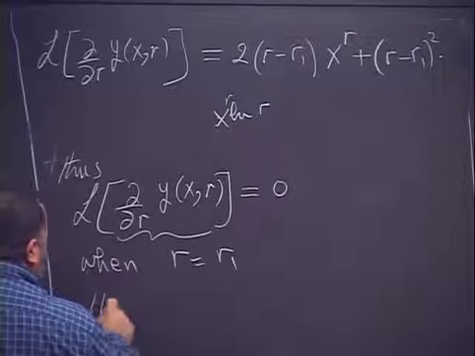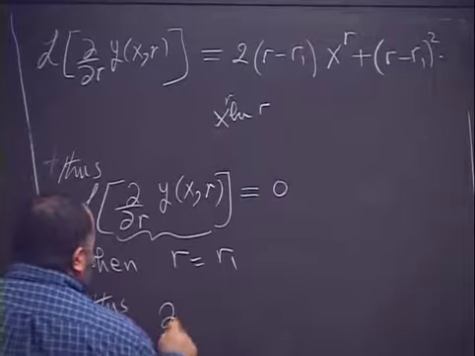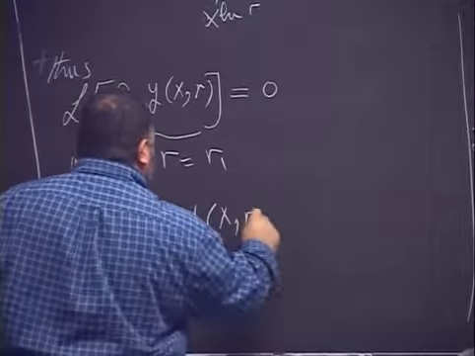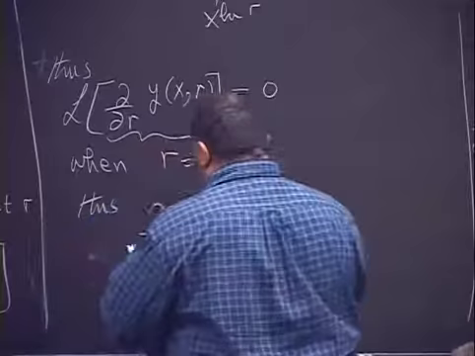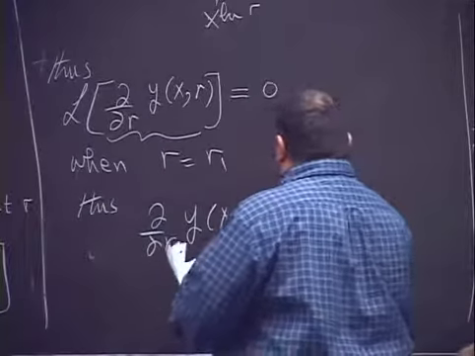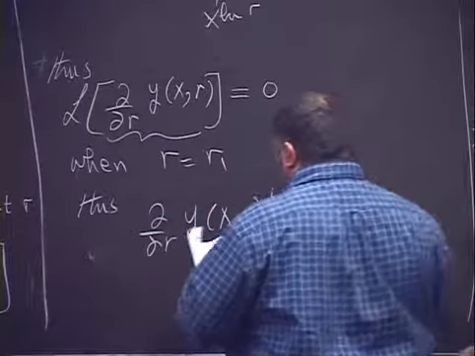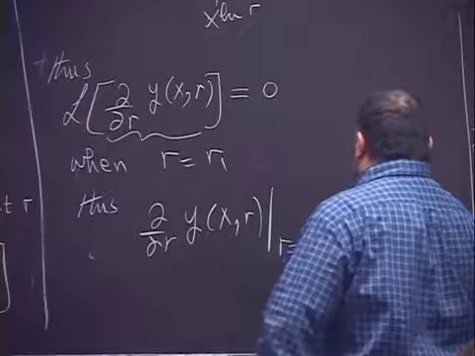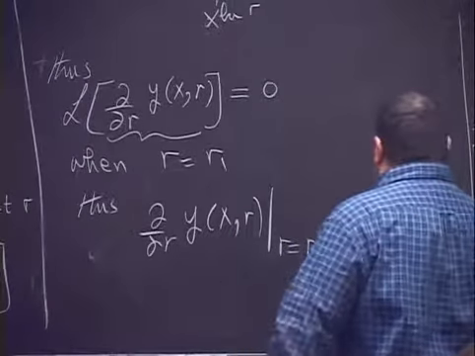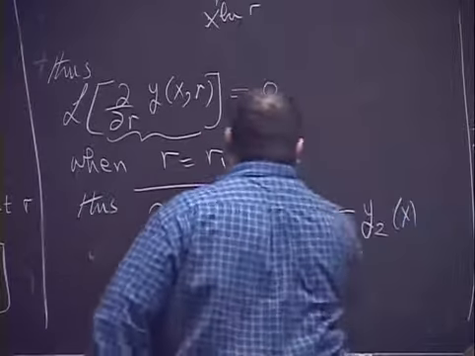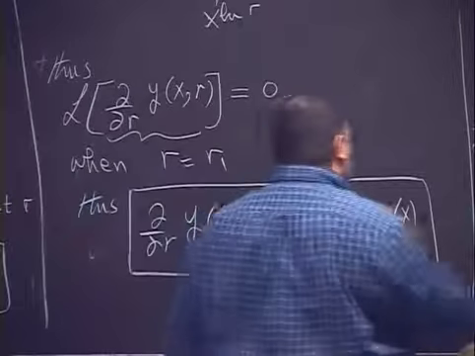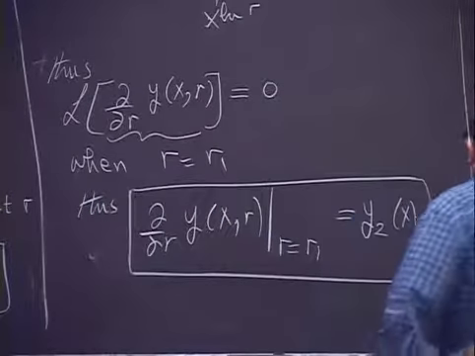So thus, d by dr y of x and r evaluated at r equal to r1 is also a solution, and we will call this y2 of x. And this is star.